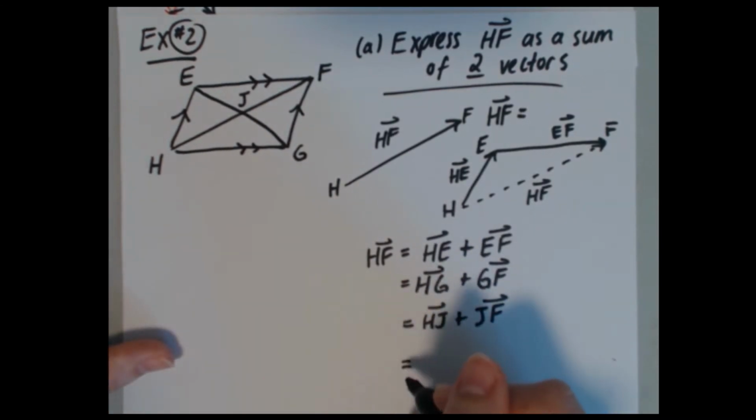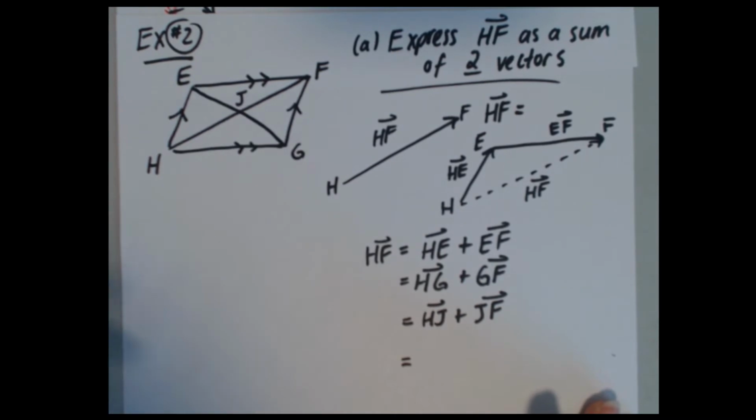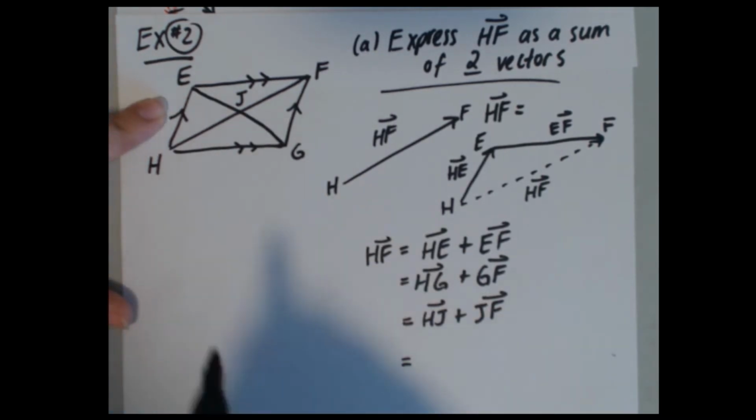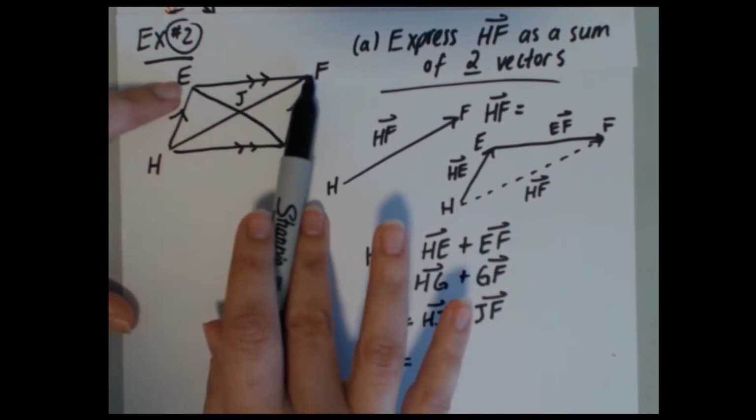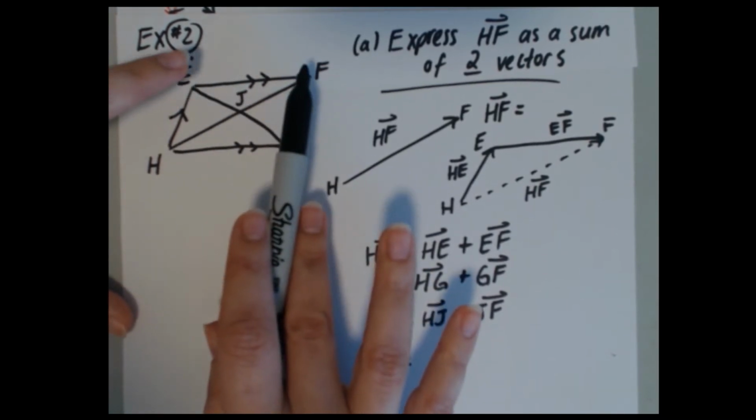Okay, so remember from 6.1, if you have two vectors that are equivalent, that means they have the same magnitude and they're going in the same direction. They don't have to be in the same spot in space. For example, in this picture, EF is going right and has a certain length.